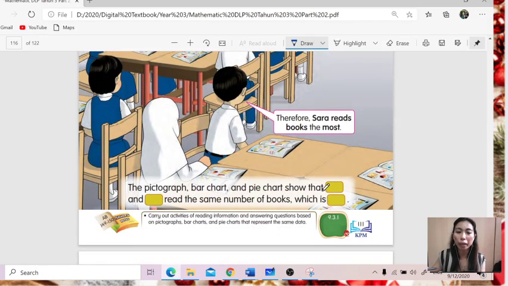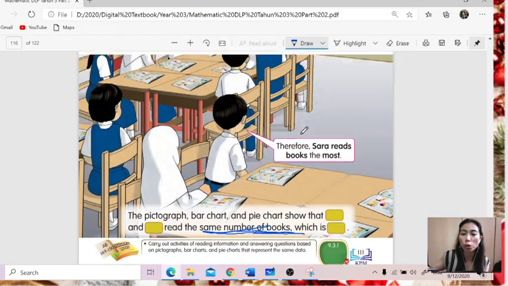Okay, a pictograph, bar chart and pie chart show that some students read the same number of books. So if you want to solve a problem, we read here first. About what? Shows that what and what read the same number of books. So who is the same?